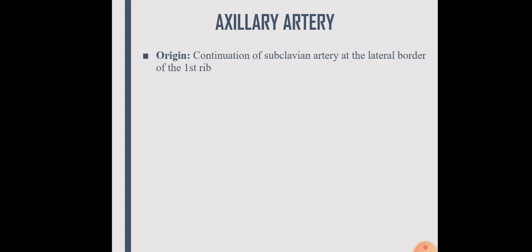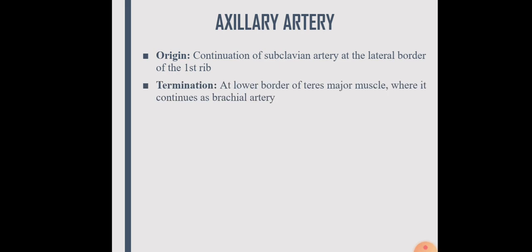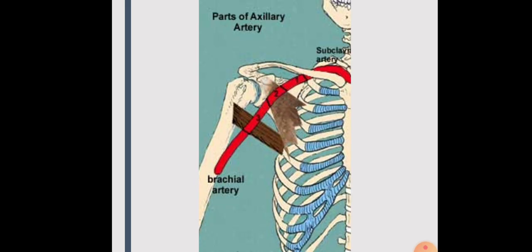Axillary artery. What is the axillary artery? The axillary artery is a continuation of the subclavian artery at the lateral border of the first rib. So this is the subclavian artery.